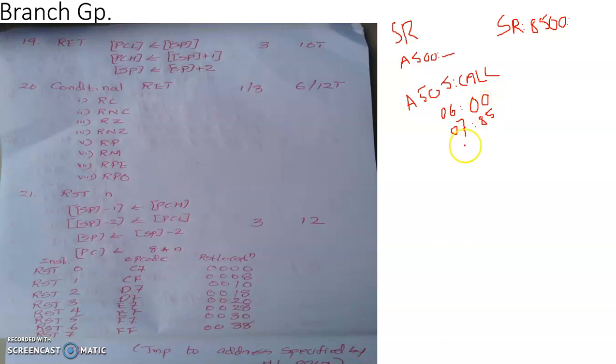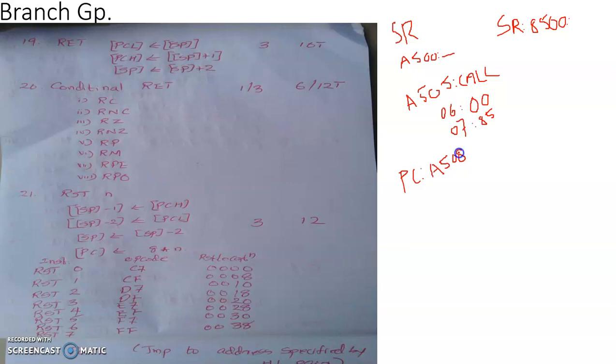Now this needs to be loaded to the program counter register of the processor. The program counter will now have a content that happens to be the address of the next memory location that is to be executed, which happens to be A508.